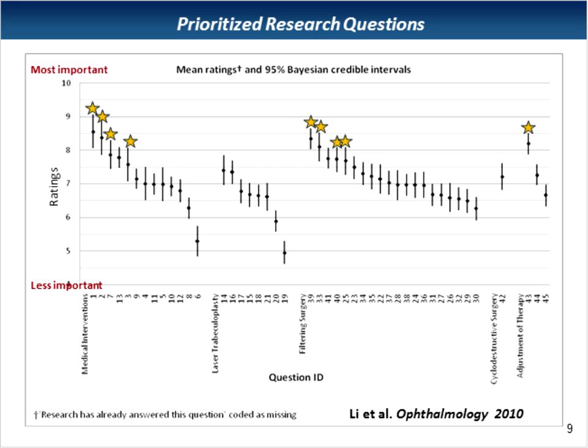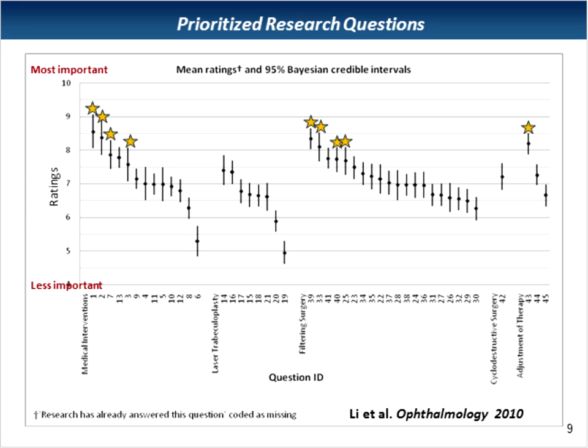Here are the results from the 2 rounds of the Delphi survey from clinicians. On the x-axis are the 45 questions grouped by types of intervention. The first set of questions are on medical interventions. On the y-axis are the importance ratings, and the larger the number, the more important the question is.